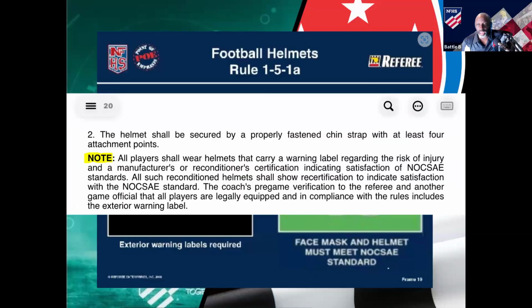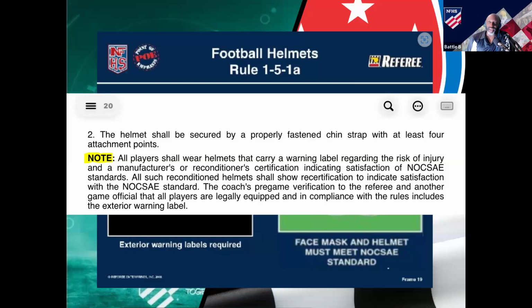All such reconditioned helmets shall show recertification indicating satisfaction with the NOCSAE standards. The coach gives pre-game verification to the referee and another game official that all players are legally equipped and in compliance with the rules, including the exterior warning label.